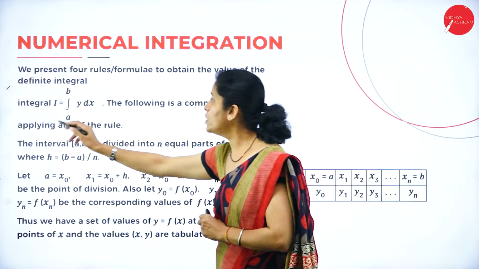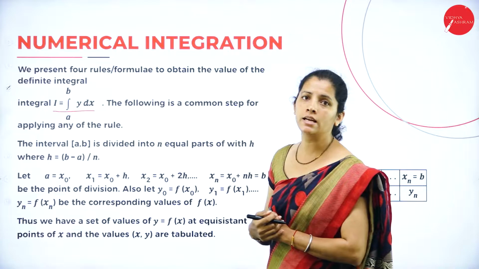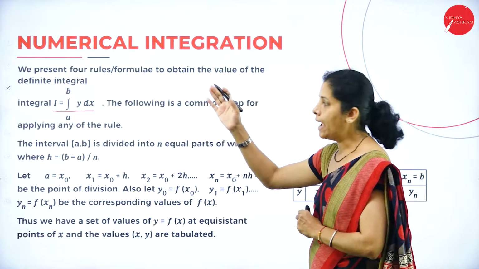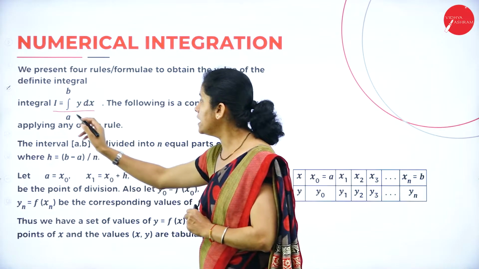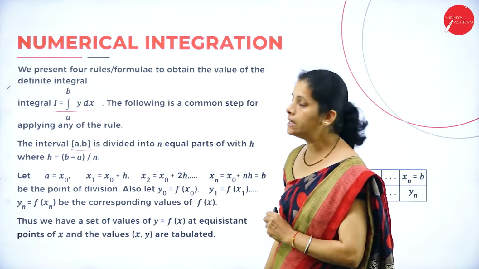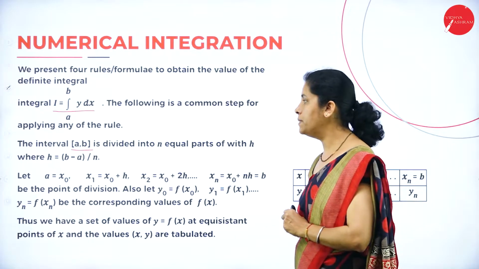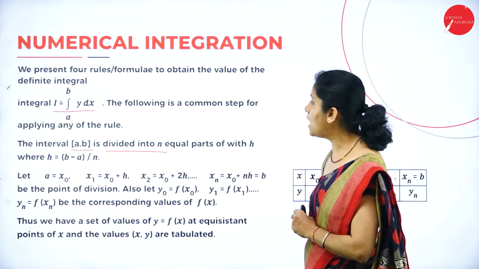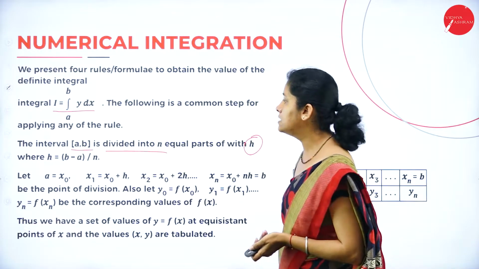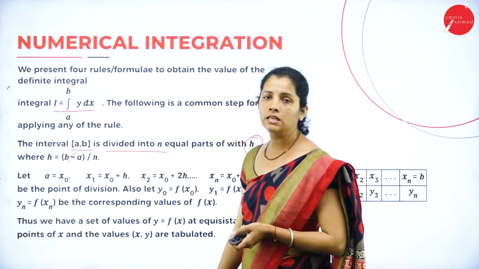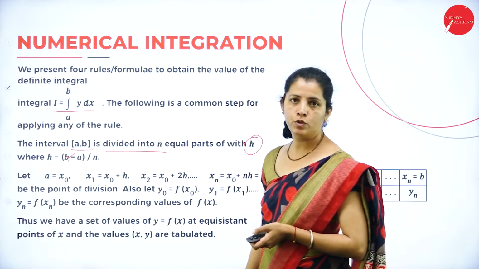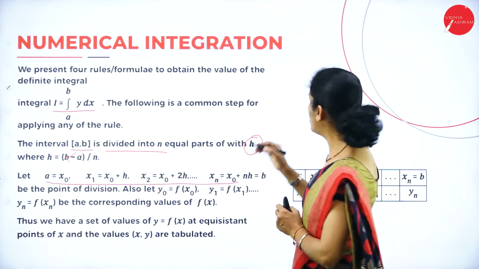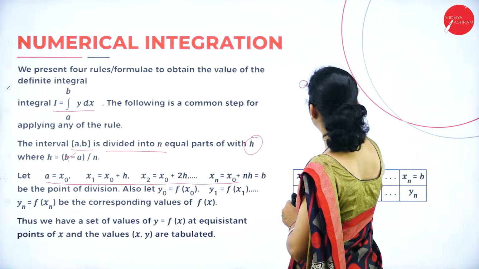So here I am going to have the integration notation, that is I, that ranges from a to b of y into dx. Now, the interval that is represented in terms of a and b is divided into n number of equal parts. So here h is nothing but (b minus a) divided by n. Dear student, this point is very important because here a is nothing but x0.